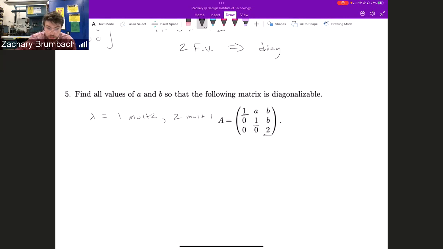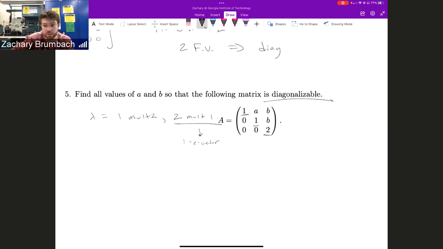They have no geometry to them. It's just the algebra. Okay, so we know 2 has a multiplicity of 1, okay? Therefore, we know it has 1 eigenvector. If we were to find the full decomposition of this, we would have to find that eigenvector, but it's just asking if it is diagonalizable, okay?